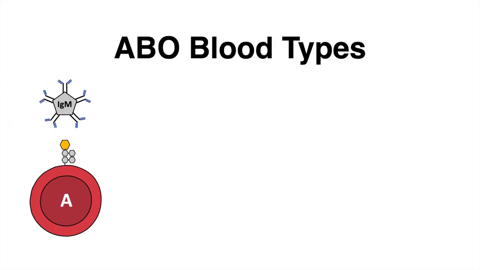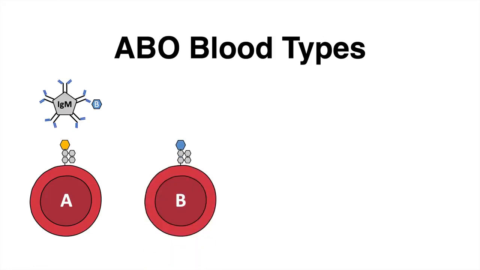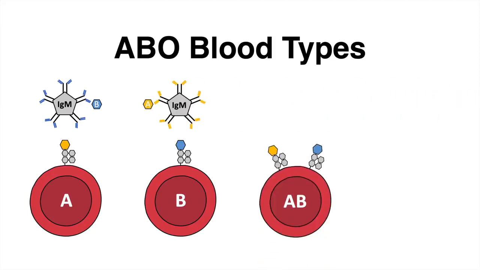So, blood group A contains antibodies against blood group B antigens. The same concept holds true for blood group B. They do not express antibodies against self-antigens, but antibodies against the antigen A are found here. Blood type AB is special. Red blood cells express both variants of glycolipids.